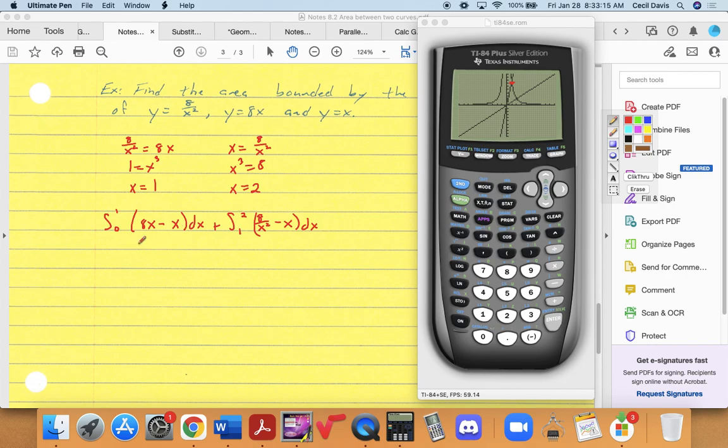So that's going to be 7x. So that will be 7 halves x squared from 0 to 1. Plus, let's see, that's 8x to the negative 2. So that's going to be negative 8x to the negative 1 minus 1 half x squared from 1 to 2.